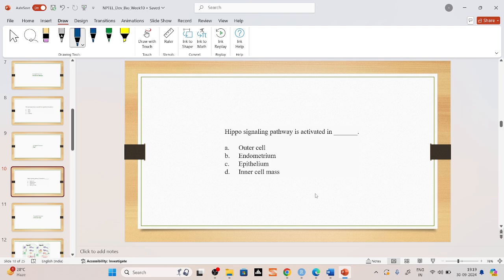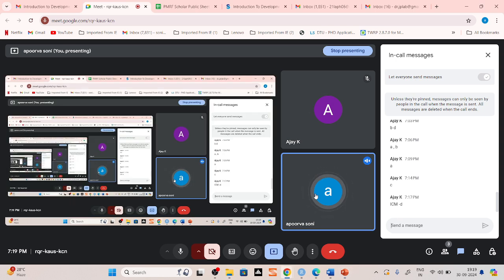What layers does trophectoderm give? Can you tell me? Trophectoderm is responsible for the formation of which layers? Can you tell me the name of those layers which are formed by trophectoderm?